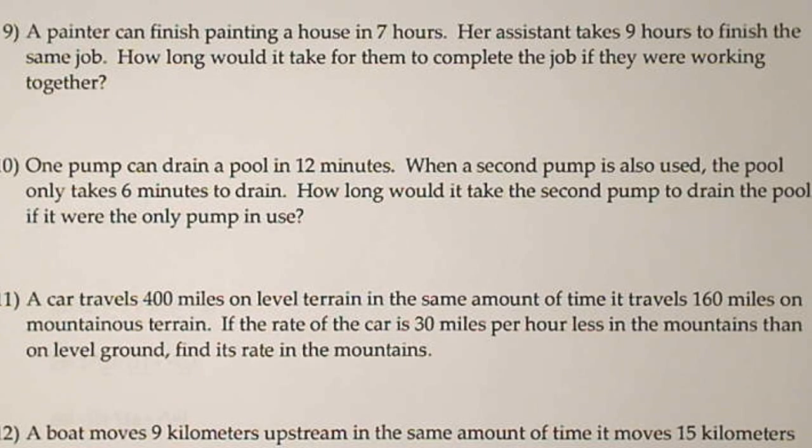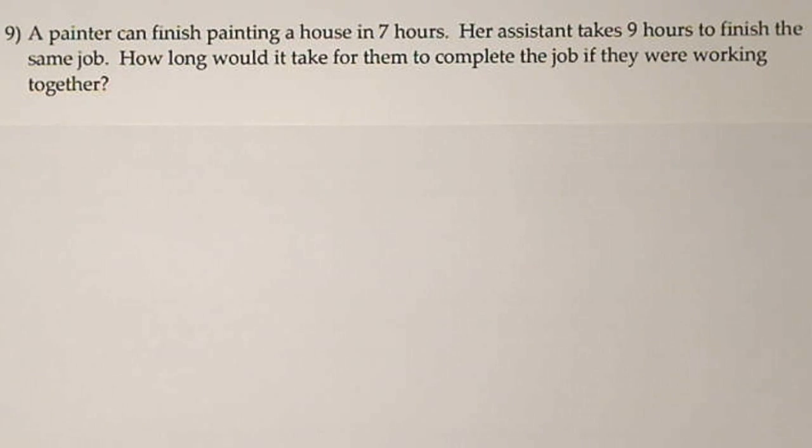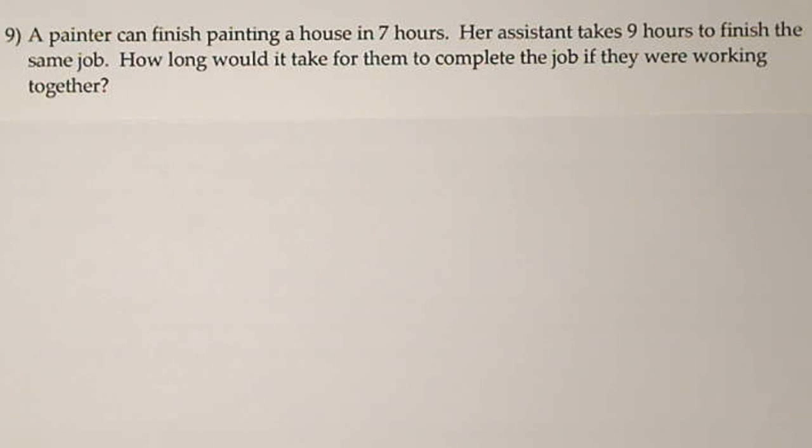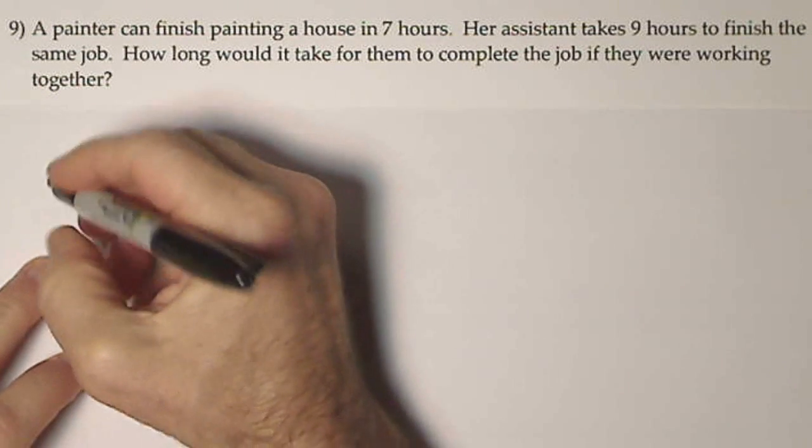For the first one, we have 2 different painters working on a house, and we're thinking about how much time it will take if they work together. Okay, so as we've done with these charts before, the very first thing we're concerned with is the categories. So we'll put those here.